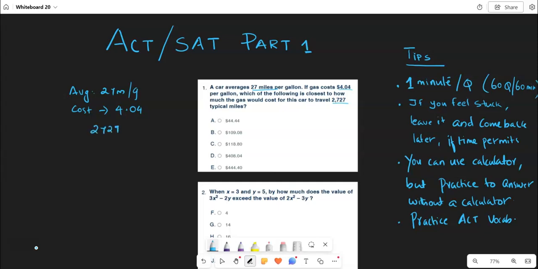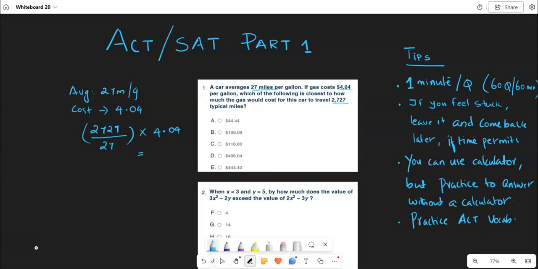To find the answer, you need to divide the total distance by the average miles per gallon, that is 27, and multiply that answer by the cost, $4.04.